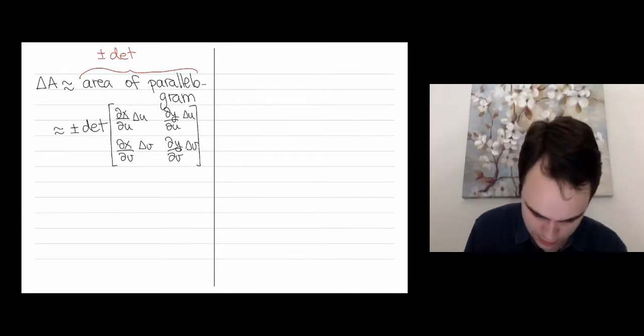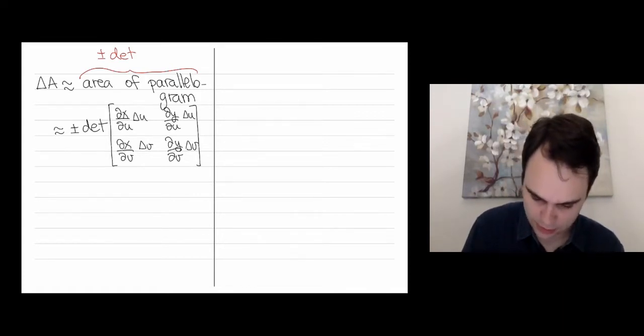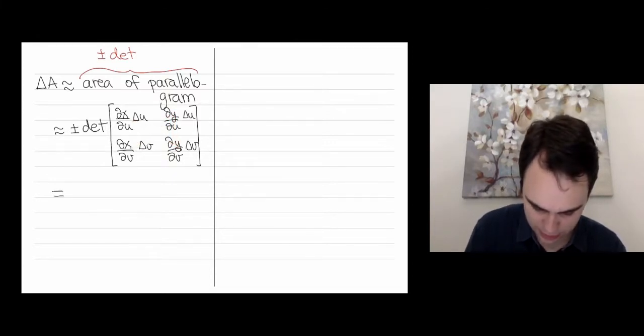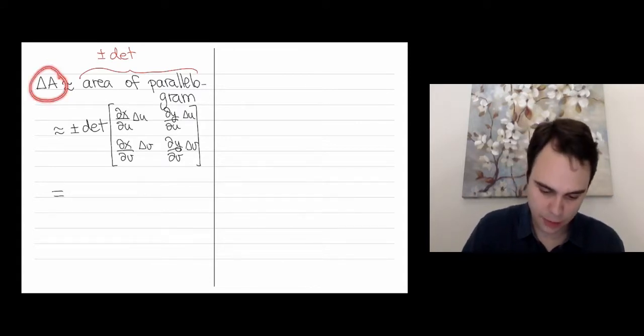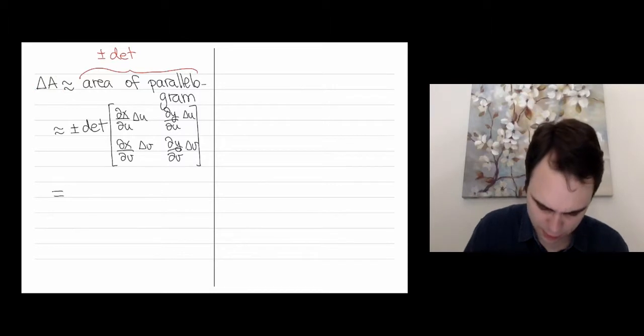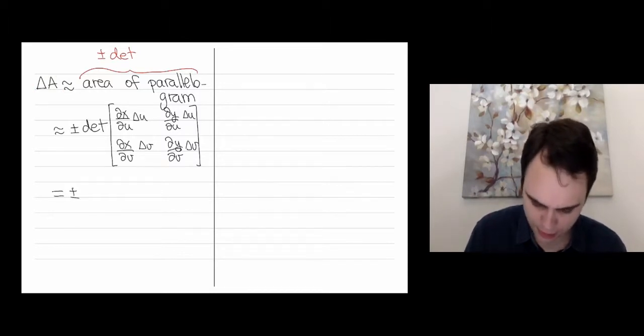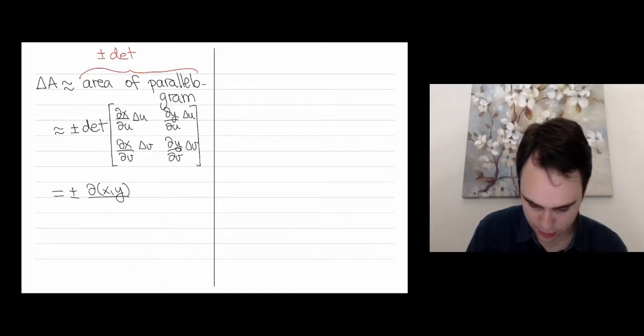Okay, now let's evaluate this determinant. So you just do the multiplication here. Because we're talking about an area, let me just leave plus or minus for a second. So it's plus or minus a number that'll denote d(x,y)/d(u,v).